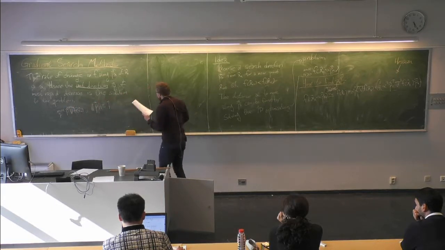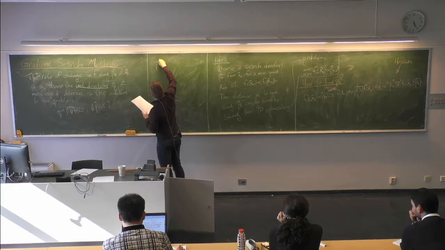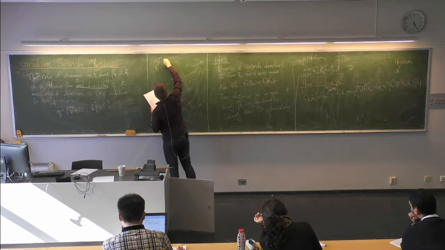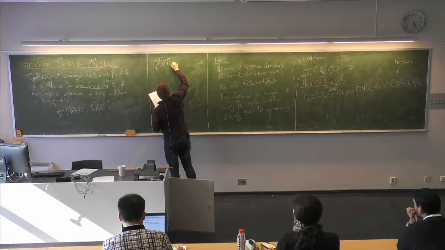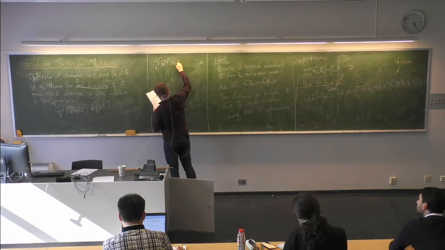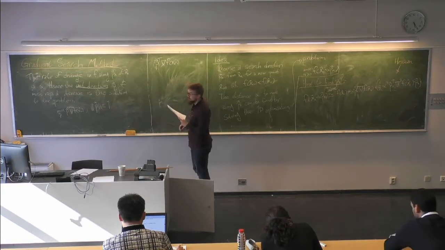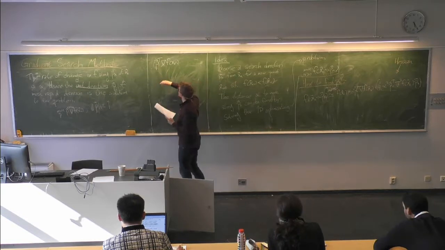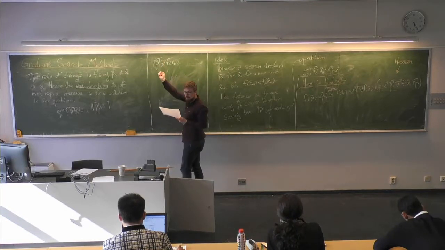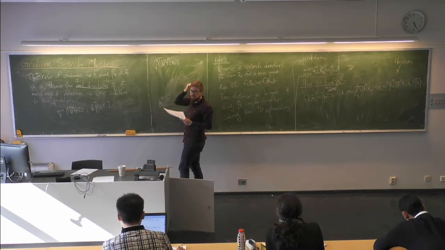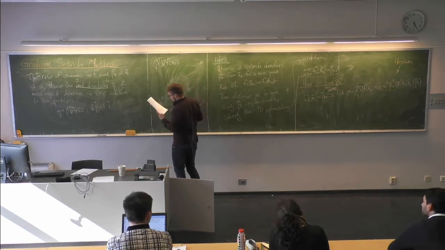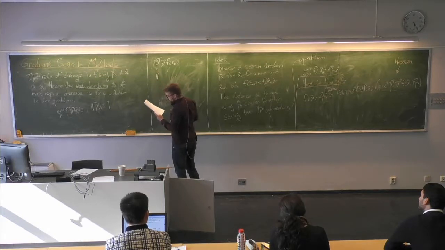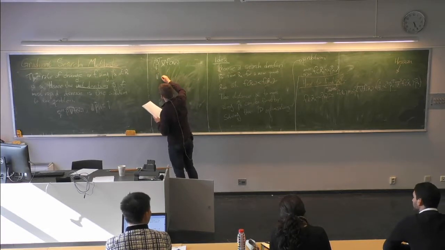So this is what we're looking at, the gradient of f, and this is what we want to minimize. And we know that this is a unit vector. This is also an inner product, and if you remember back to calculus, you know that the inner product of two vectors is the length of them times the cosine of the angle between them.